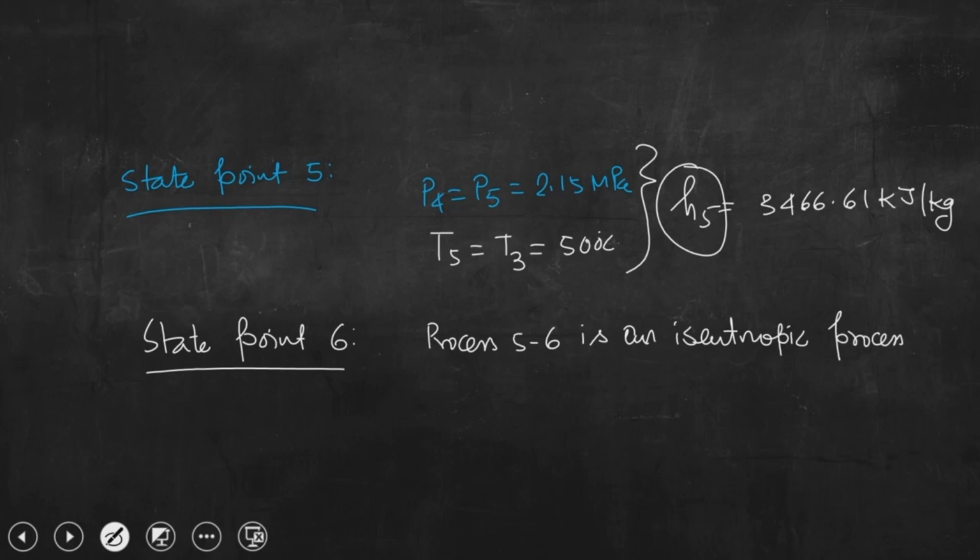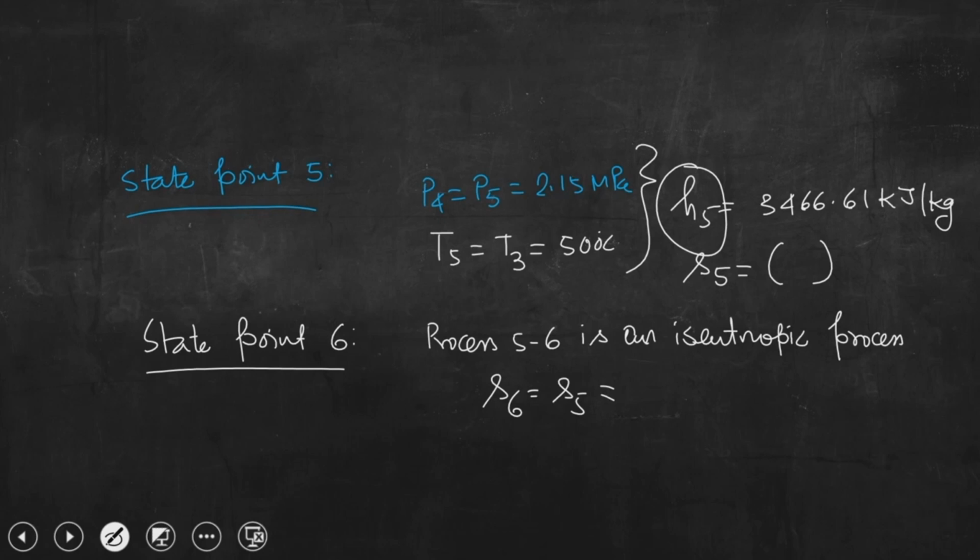So, what we can do here, we also can calculate what will be S5, because S6 should be equal to S5, and that we can calculate. There are two ways. We can calculate S5, and by calculating S5, we also can calculate S6, because S6 will be equal to S5.